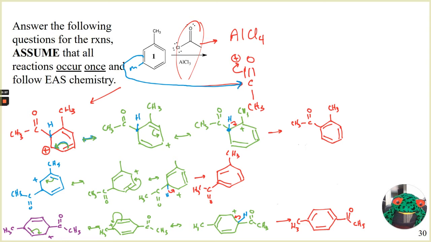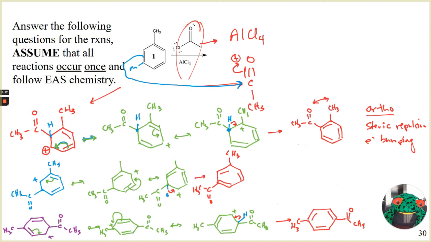We could make the argument the ortho is going to be higher in energy than the other two products. And that would be because the ortho, which I said was the red one, has these two groups sterically close to each other. So there's some steric repulsion, electron bumping, a little bit less fancy way of saying that, okay, and that could be an argument against the ortho.